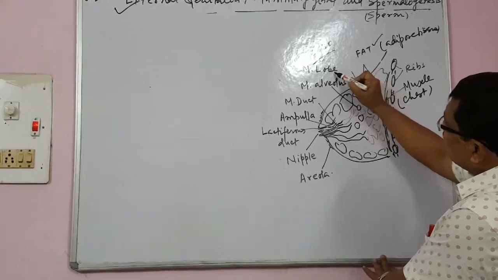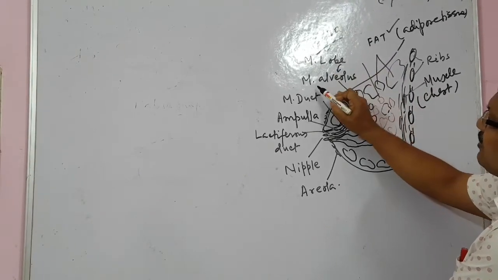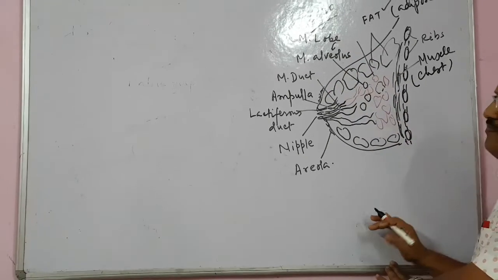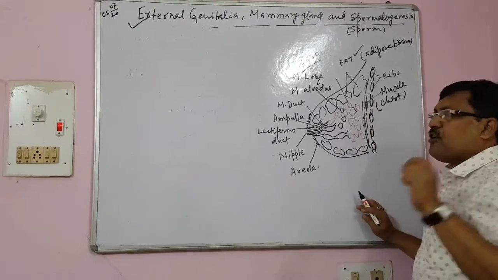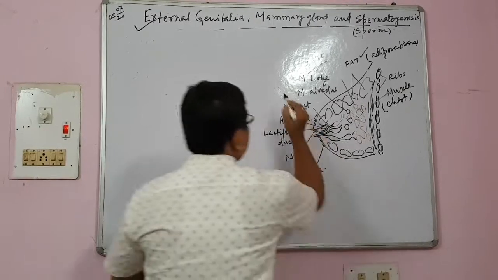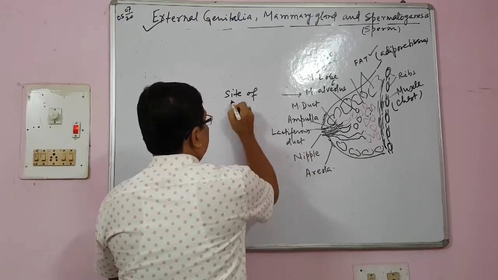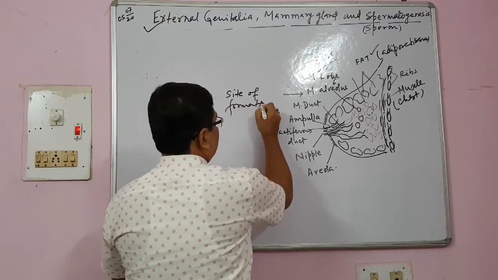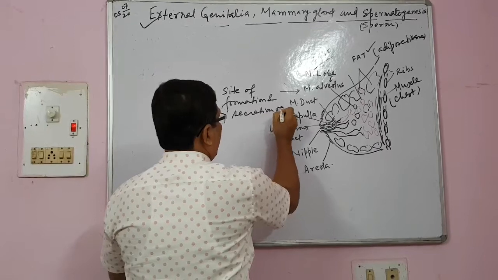After that, each mammary lobe has mammary alveoli, and these are the site of formation and secretion of milk.